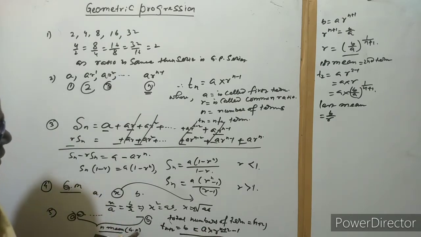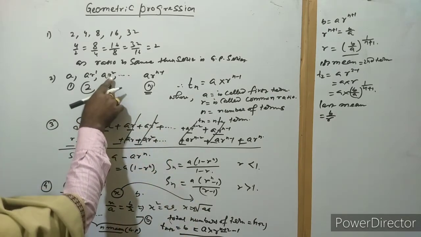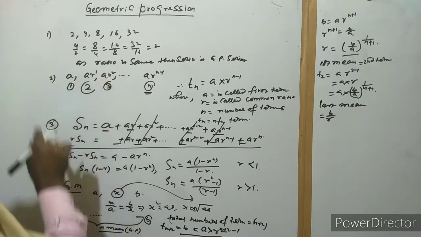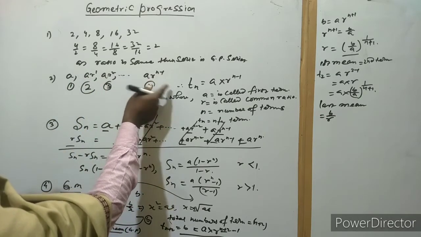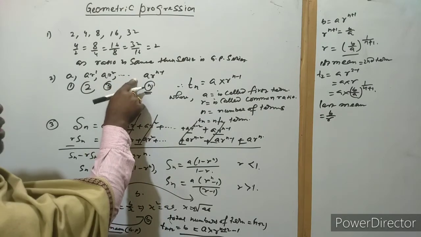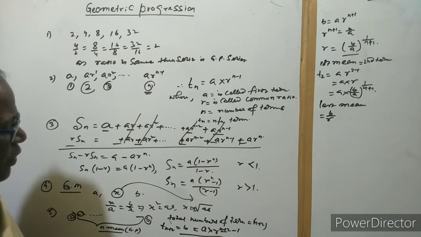As you see, if the last term b is divided by r, we get the previous term. If we divide by r again, then we get a into r to the power n minus 2. So we want to get the previous term from the last term, that is b by r.